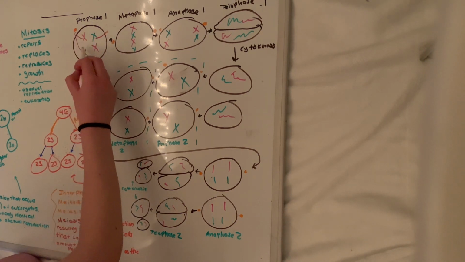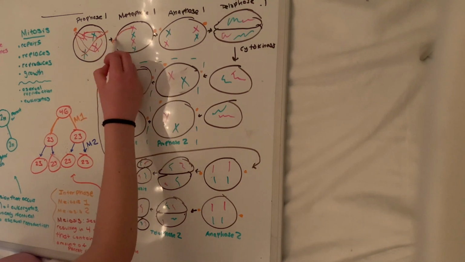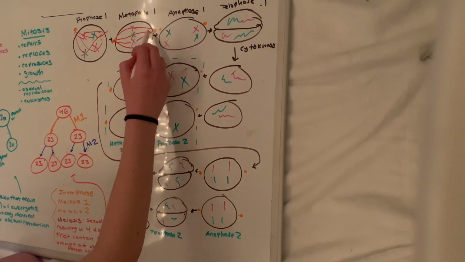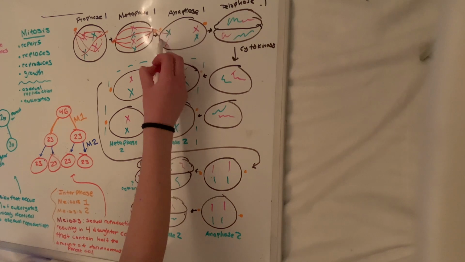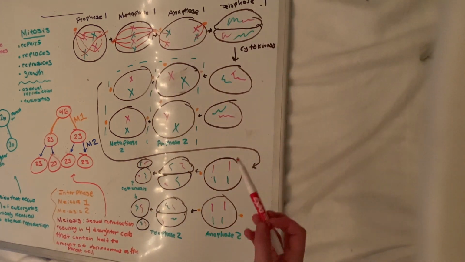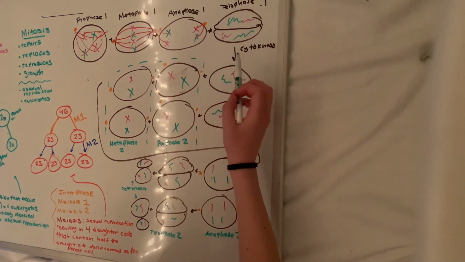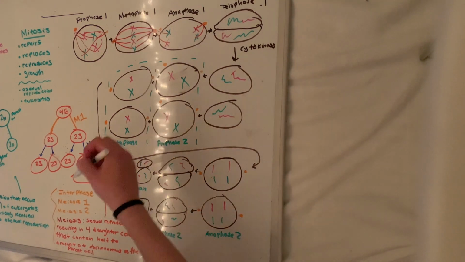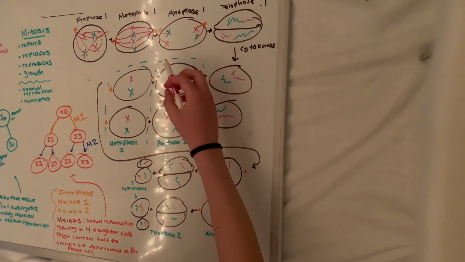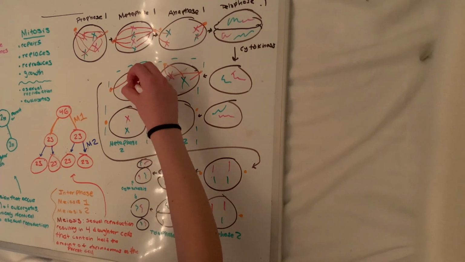And then again, just to help show the process, we have our spindle fibers attaching during prophase 1 and metaphase, and then anaphase 1, showing that those chromosomes are being pulled to either side. Goes through telophase, cytokinesis, and then the spindle fibers also attach during prophase 2. Again, now we are in meiosis 2.